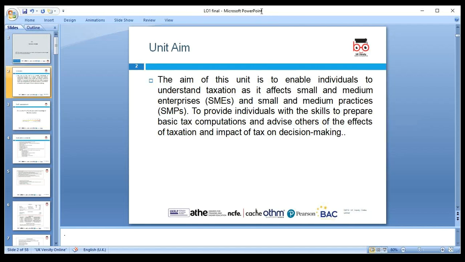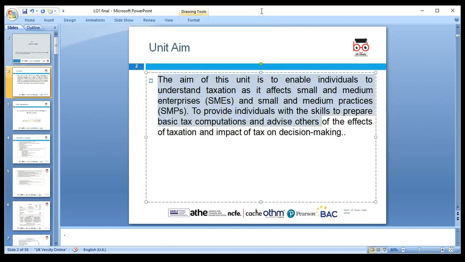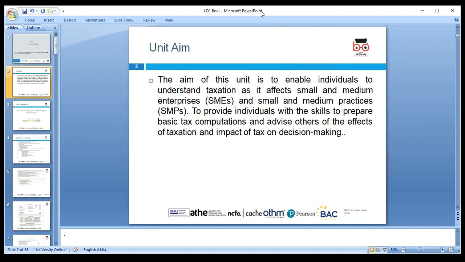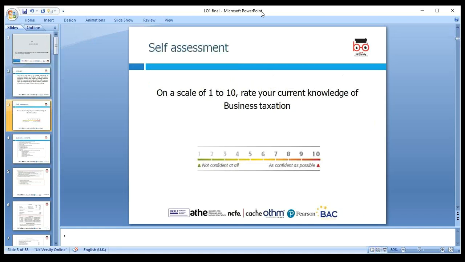The aim of this unit is to enable individuals to understand taxation as it affects small and medium enterprises and small and medium practices, to provide individual skills, and to prepare basic tax and advise on this. I'm using most of my handouts from BPP and Kaplan, so we'll go through those, and different scenarios will come. Okay, yes, please.